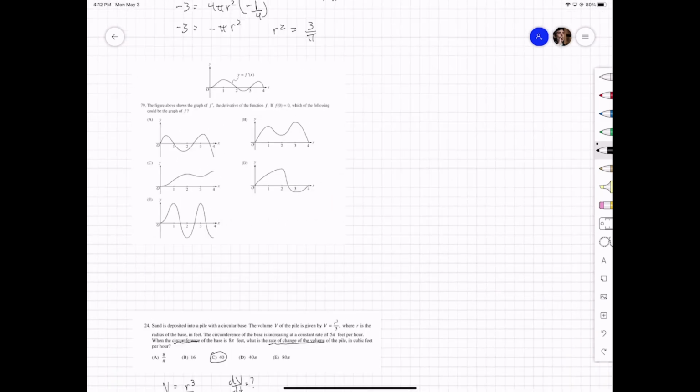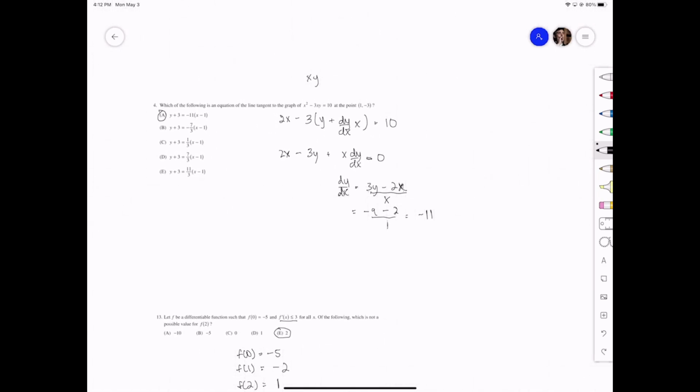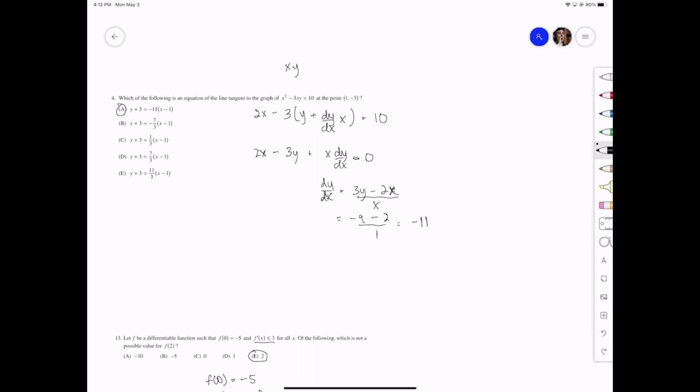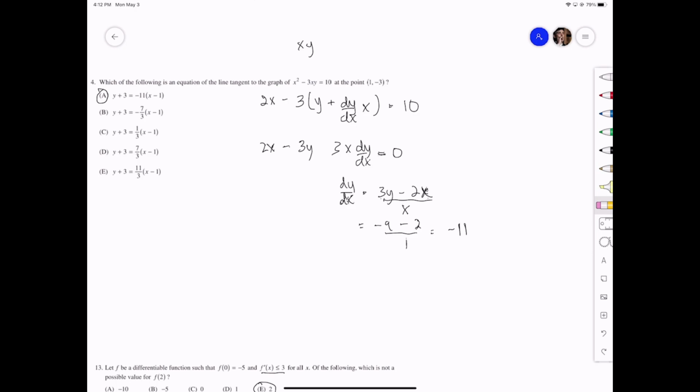Hold on. Okay, yeah, I think I did this wrong on the earlier problem. Y plus x, 3x dy/dx. Yeah, I forgot a 3 here and a negative sign. So 3y minus 2x over negative 3x.